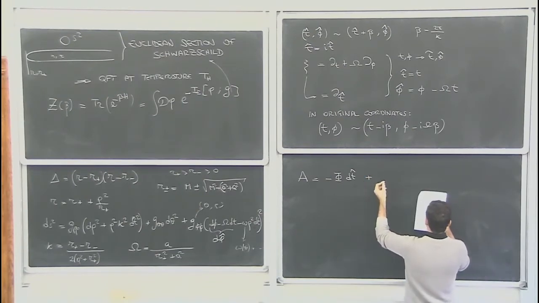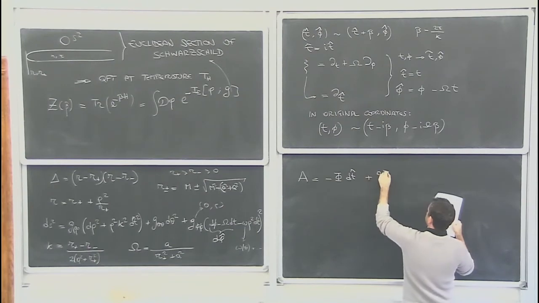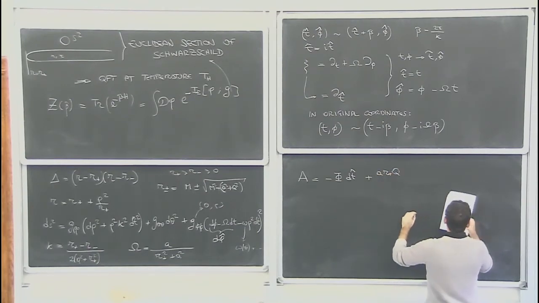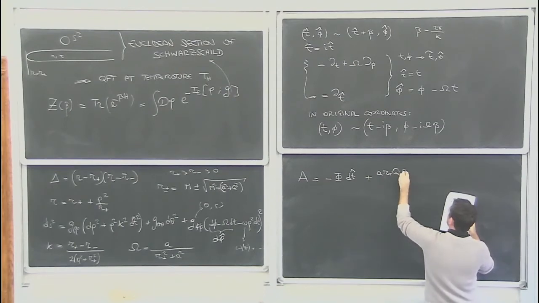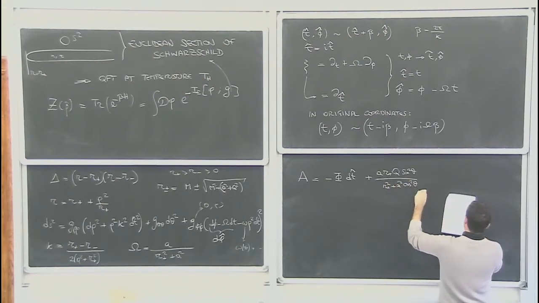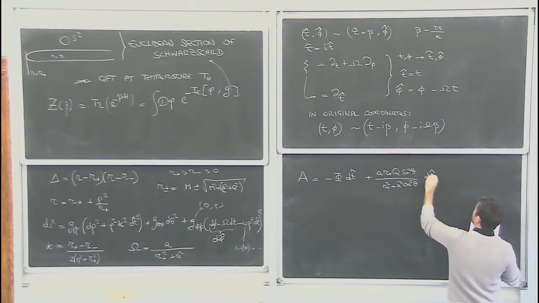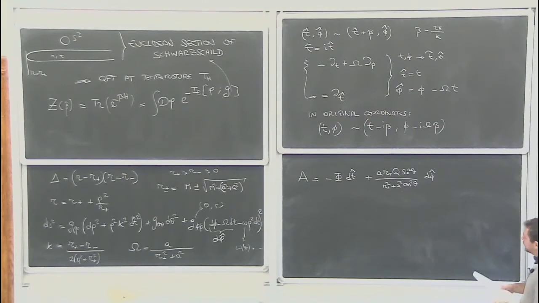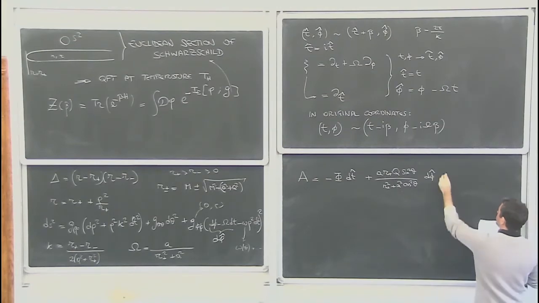Then there is a function here that is not so important, but let me just write it to show that it does not depend on rho. It's a function that contains q, the charge, of course. It's not too important for what I'm going to say now.